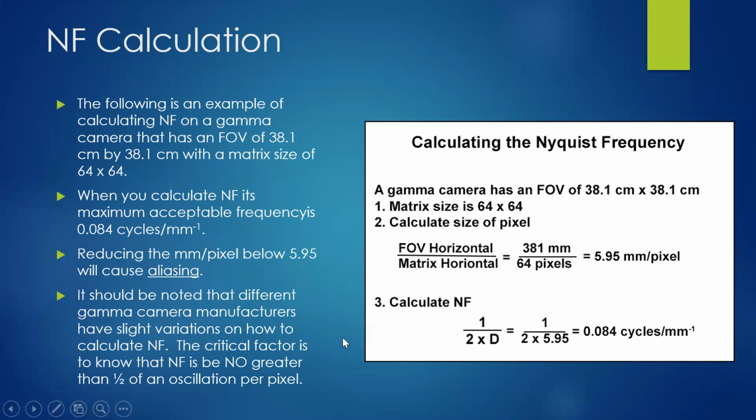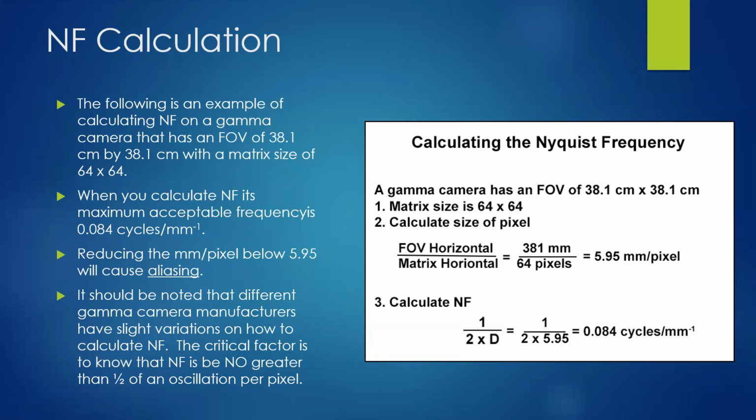That being noted, the other thing that I stumbled across when I look at the different manufacturers, my final bullet down here, is that this is the easiest way to assess and know that this is the maximum for Nyquist frequency. You don't want to go beyond that. But all our different camera companies out there crunch the numbers slightly different. So this value is going to be slightly different.